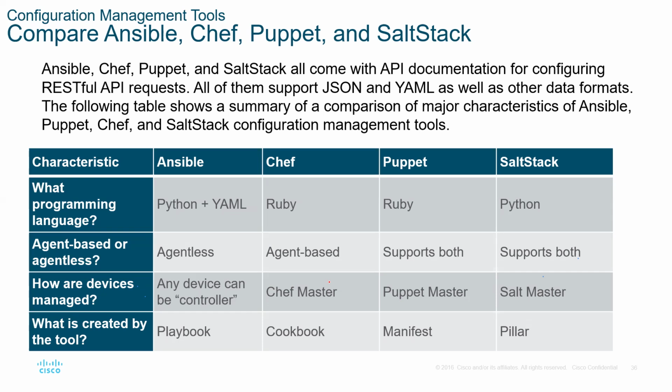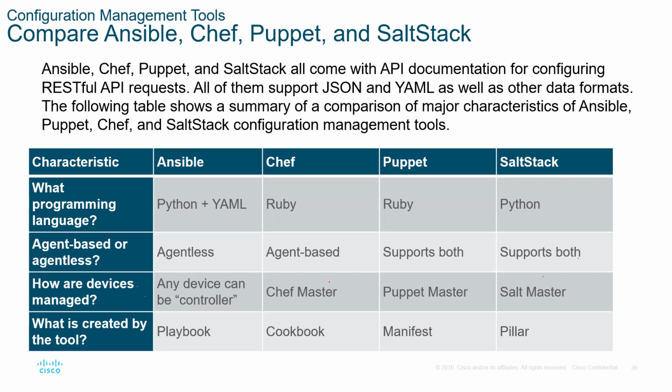Basically, when you talk of agent-based, it means devices have to be configured with the software so that your network automation tool is able to operate. And when you talk of an agentless tool, it means you don't need to install a software on it. The device works without a software, basically.